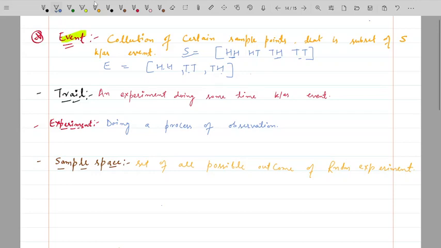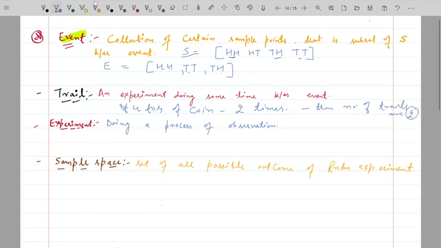Suppose you are tossing a single coin, and if you toss the coin 2 times, then the number of trials is 2.